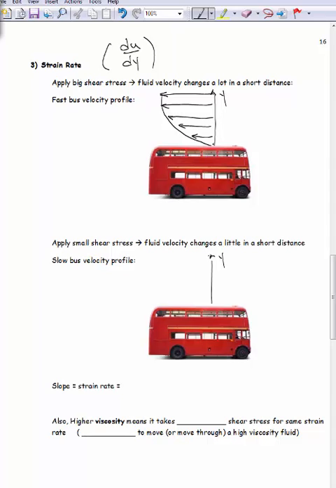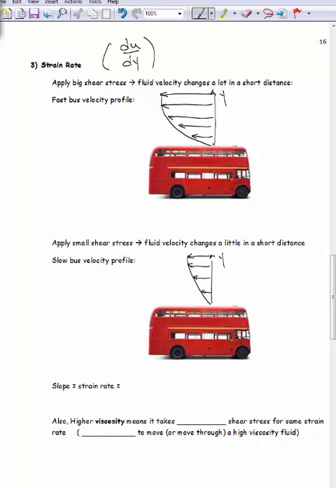So out here far away from the bus, we're going to have the air velocity, the same thing that we had out in front of the bus. Okay, so our velocity profile is going to be something more like this. Still 0 at the bus surface, it's just not going to end up as big.